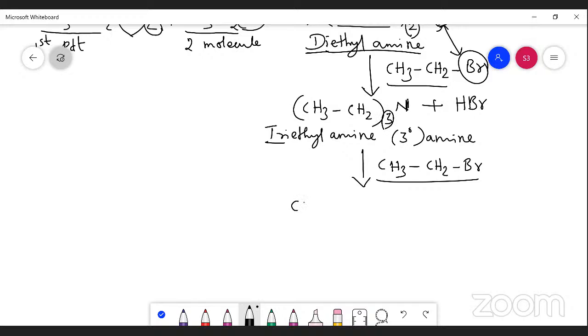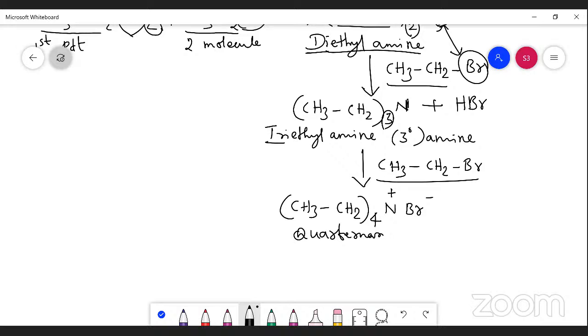So I can write like this: CH3CH2, how many times? 4 times. And N is here. N is without hydrogen. So that's why N plus. Why I am giving like this means Br minus. There is a charge separation. This is called a quaternary salt.